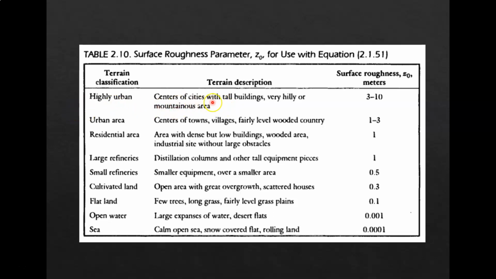Highly urban is basically the center of cities with tall buildings, very hilly or mountainous area. Then we also have an urban area, mostly village and fairly level wooded country, so the roughness is lower compared to highly urban.